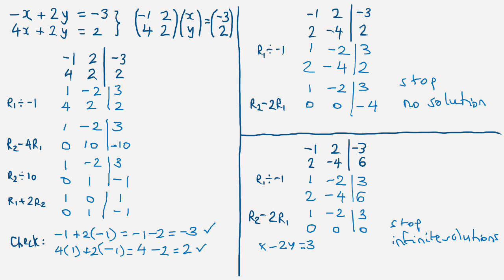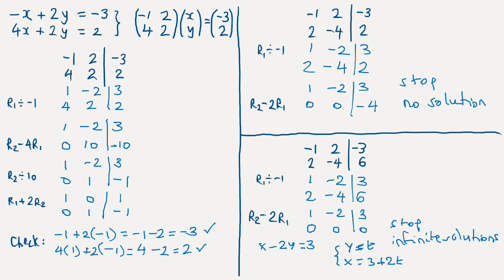And so if we write this in parametric form, we could set y equals a scalar t, and then x will be 3 plus 2t. And that's a way to write the solution set in this example. Y we can set to any number, and x is equal to 3 plus 2 times t.